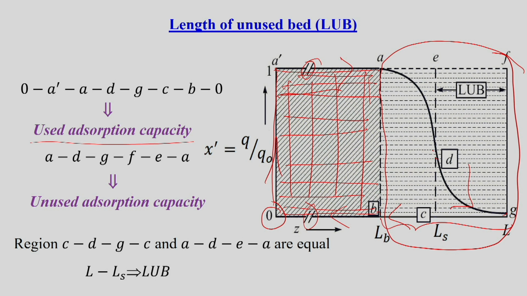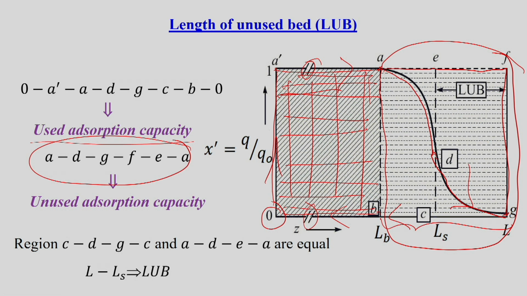Like if we start from A to D to G to B, say G to F, like this, A to D to G to F to E to A. We can say this portion is unutilized for the adsorption process at that particular time.